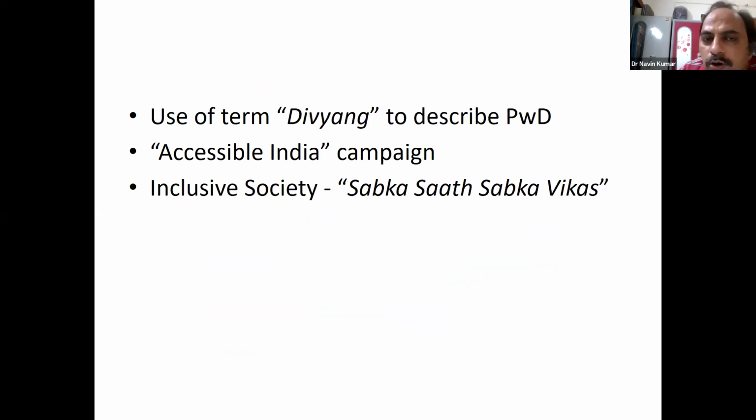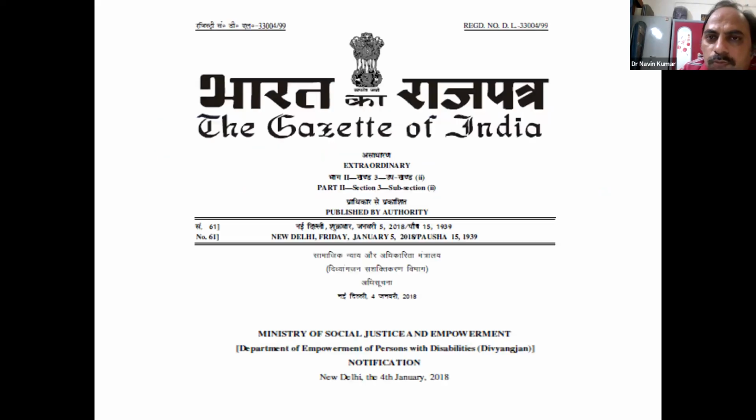And our honorable Prime Minister is also very encouraging. He has coined the term Divyang to describe PWD, and started the Sugamya Bharat or Accessible India campaign. So all government buildings should be accessible to PWD also, and an inclusive society, which should include PWD also, when he says Sabka Saath and Sabka Vikas.